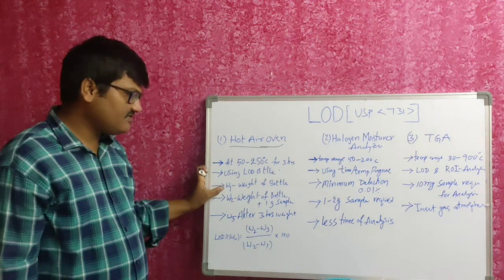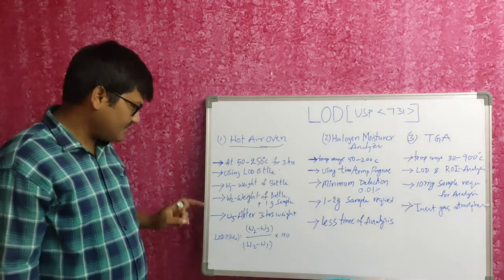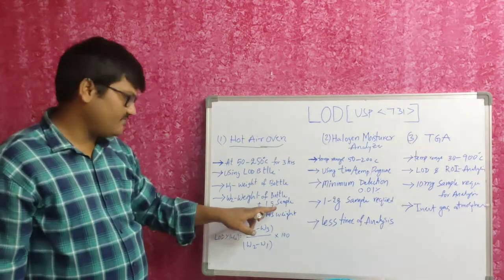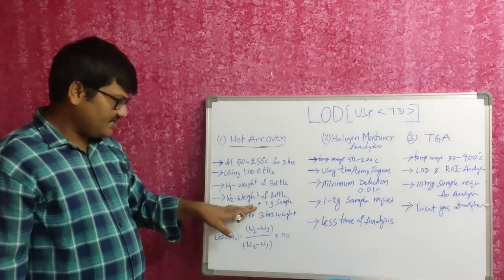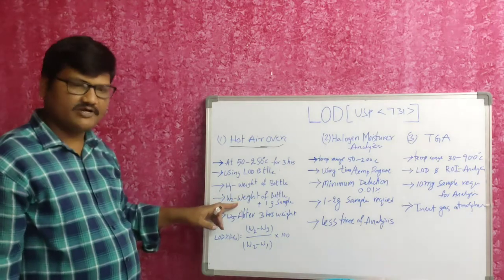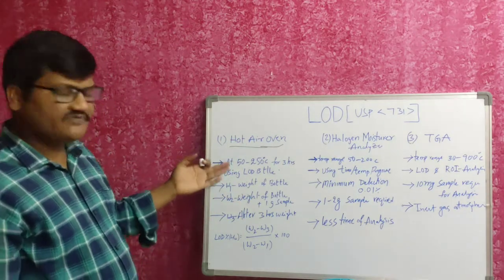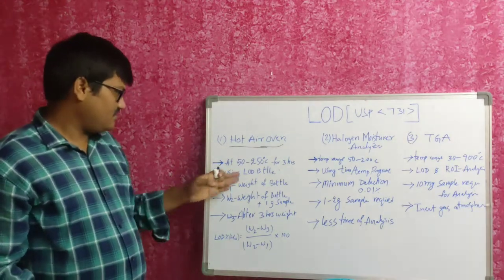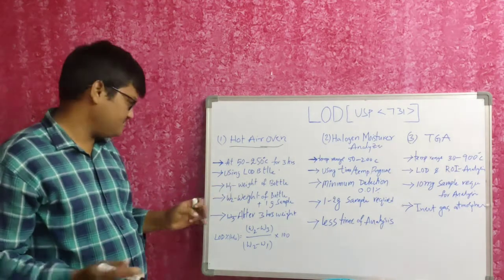Here W1 is the weight of the bottle used for sample weighing. W2 is the weight of the bottle plus 1 gram of the sample taken for analysis. After weighing, we put the sample along with the weighing bottle into a hot air oven at the specific temperature mentioned in the STP, standard test procedure, or monograph method.